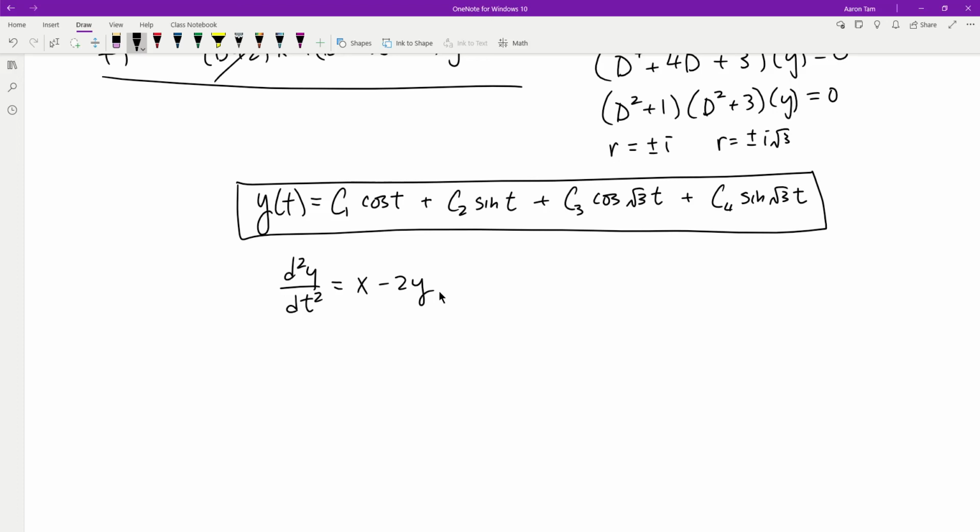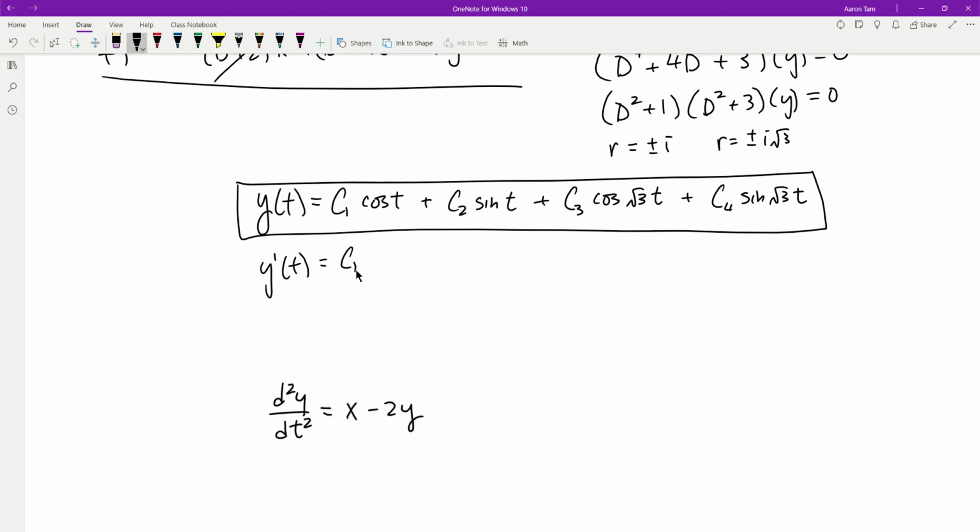So I do need the second derivative. So that's a little tricky to do. So actually what I'm going to do is this. I'm actually going to write out my first derivative first.